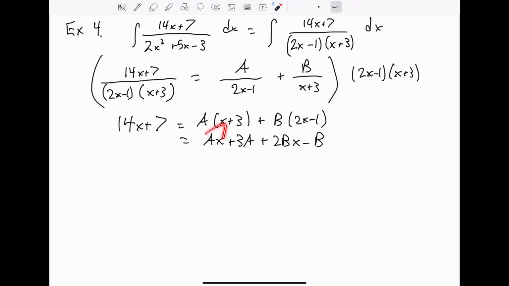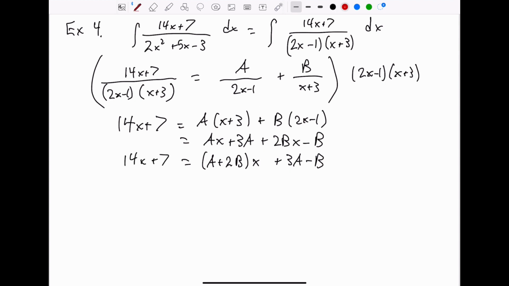I want to group the x terms together. Notice that when I group the x terms together, I have an a and a 2b. So I'll go ahead and write this as a plus 2b, all of that times x. And then I have these constant terms left, 3a minus b. This equals 14x plus 7.